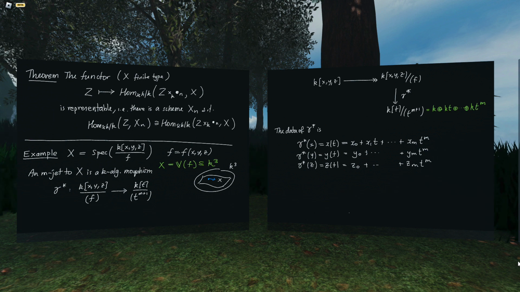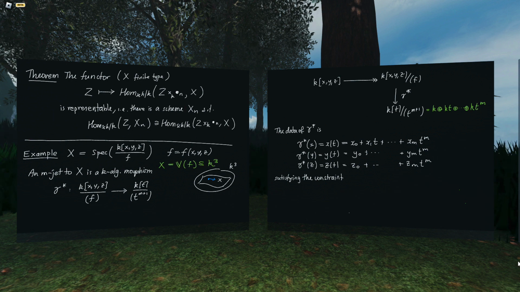Okay. Now what's the constraint? Well, when you feed x, y, and z into gamma star, you get these things here, but it has to factor through the quotient by f, which is to say that when you feed in f to gamma star, you have to get 0.